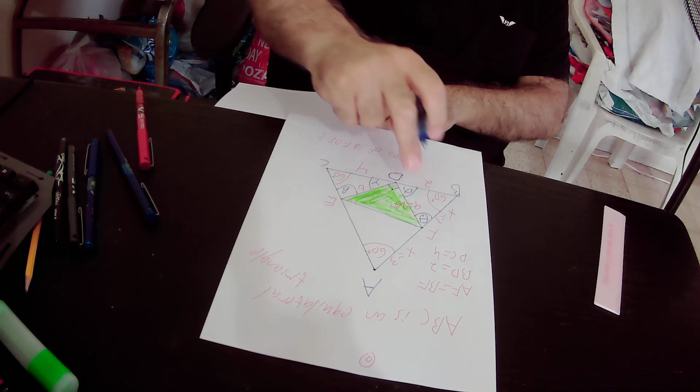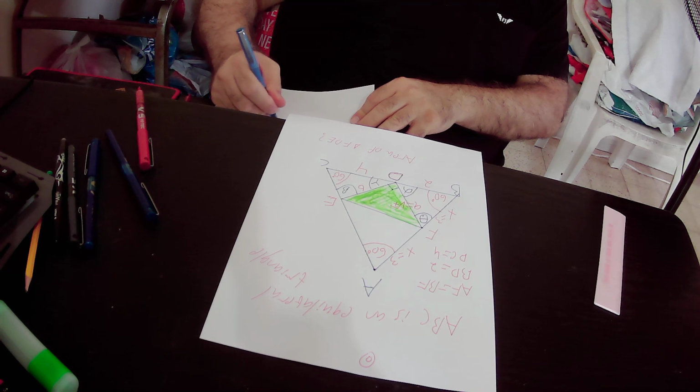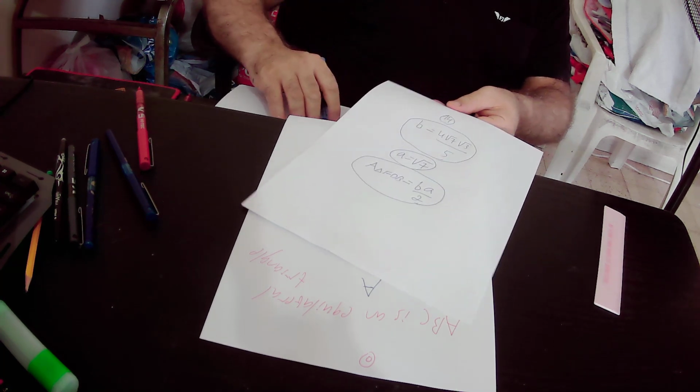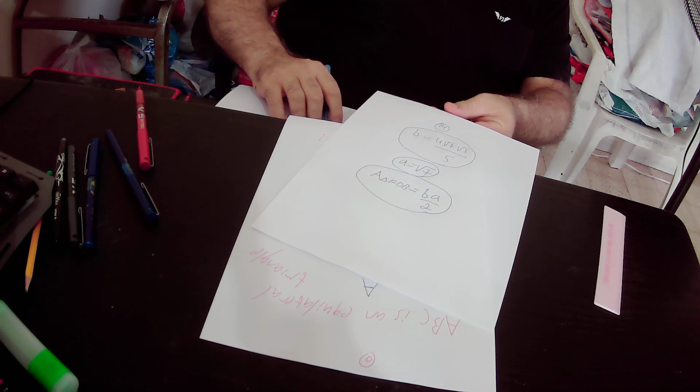So B times A over 2 is the area of the green triangle FBD or FDB.